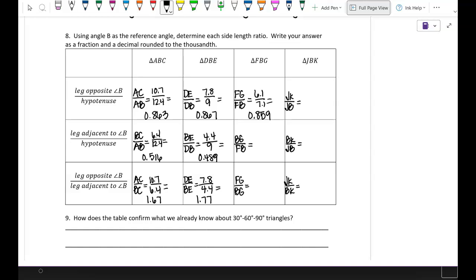And then I have 3.4 over 7.1, which is 0.479. And then 6.1 over 3.4 is 1.79.